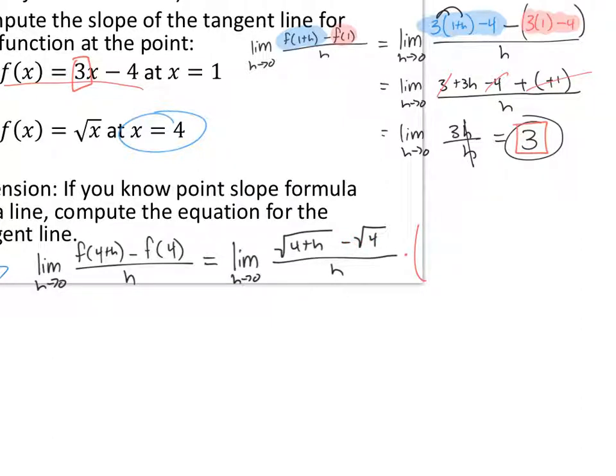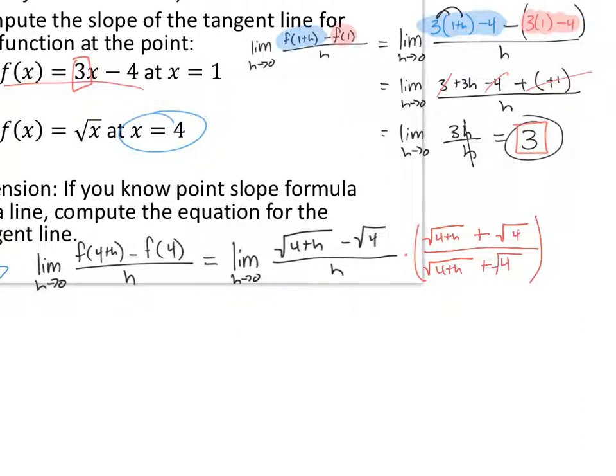So if we multiply by the conjugate, it helps out. So we're going to multiply by the square root of 4 plus h plus the square root of 4 divided by the square root of 4 plus h plus the square root of 4.